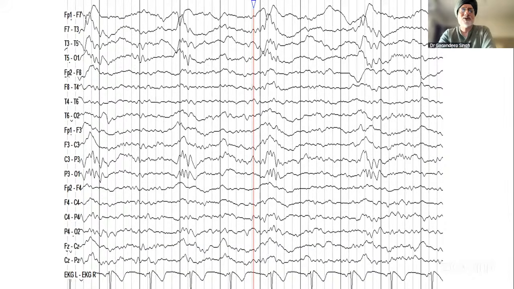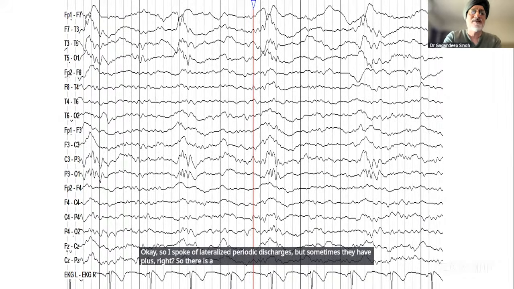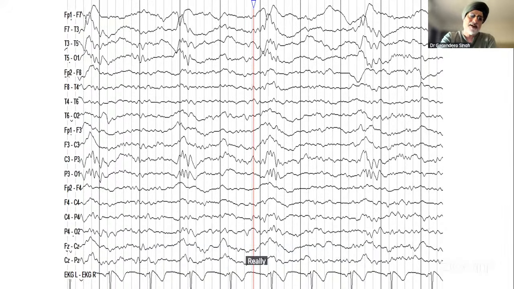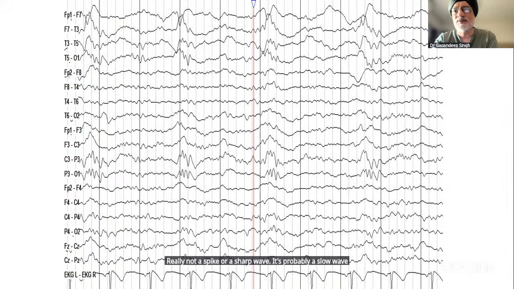So I spoke of lateralized periodic discharges, but sometimes they have plus, right? So there is a discharge, as you can see on the left side, and on the top of it there are some faster rhythms, right? Do you all agree? It's really not a spike or a sharp wave. It's probably a slow wave with some faster rhythms on the top.